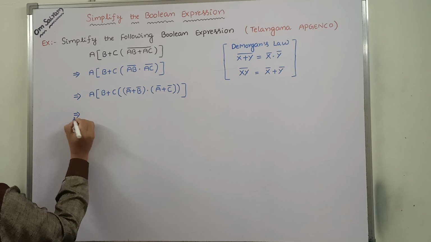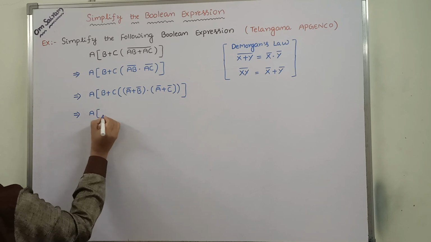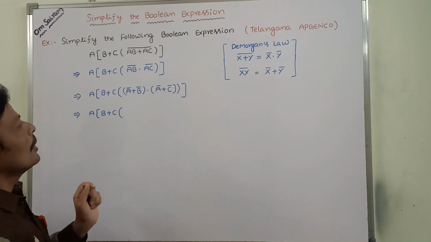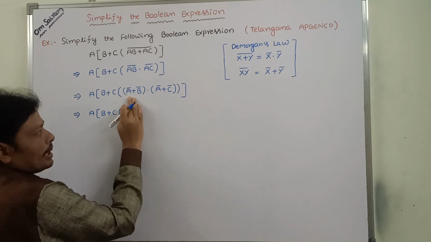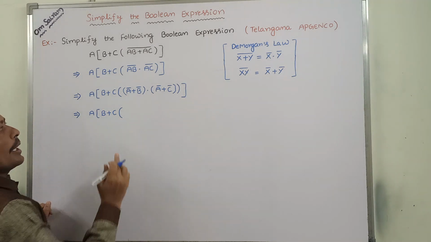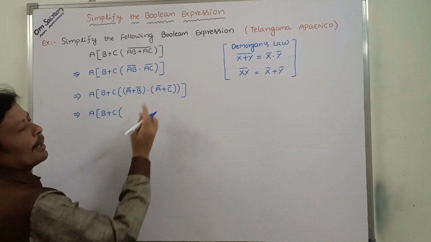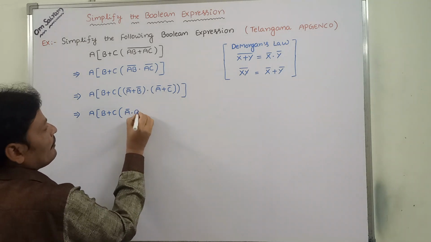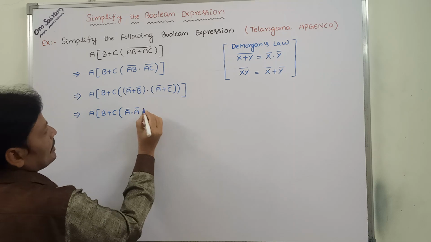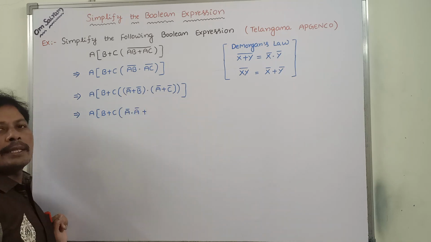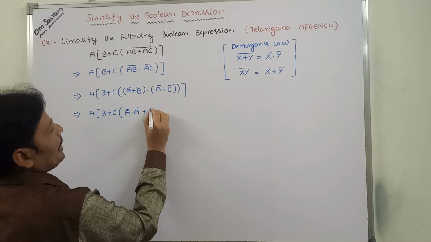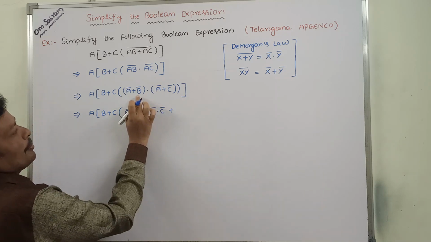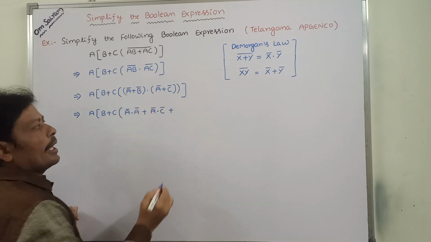Next one. A into (B plus C) into, now multiply this term with this term. First, A bar is multiplied with A bar, plus A bar is multiplied with C bar. Then we are getting A bar into C bar, plus next B bar is multiplied with A bar.